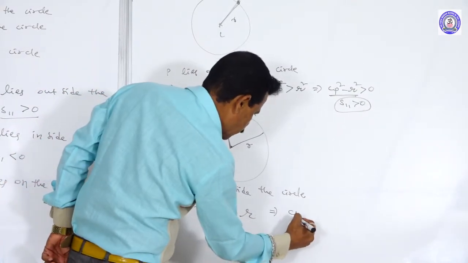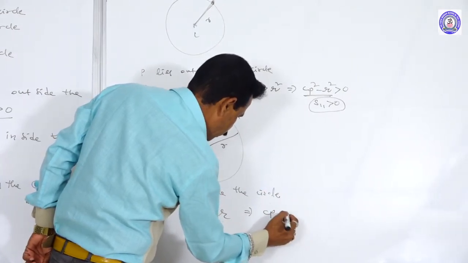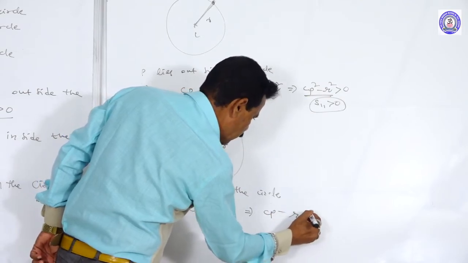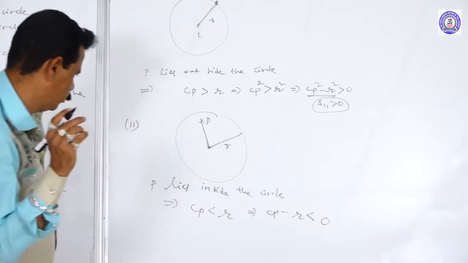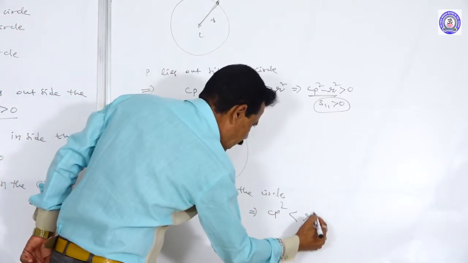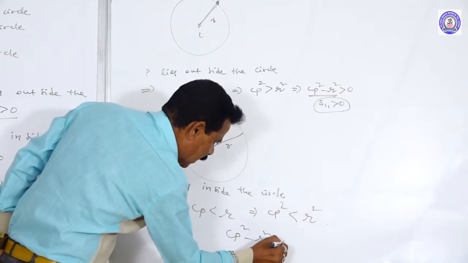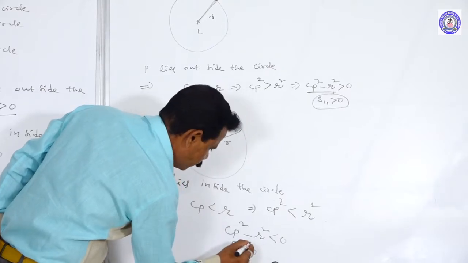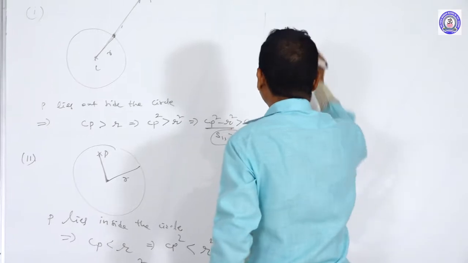It implies CP² < R², so CP² − R² < 0. This is also S11 < 0. This is the other condition. Next, third.